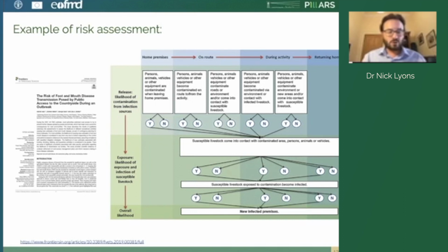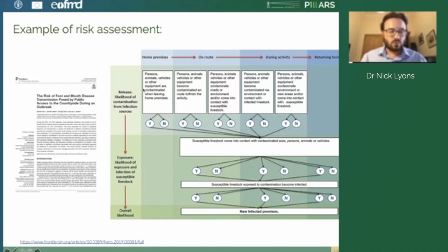What this process does is describe all the different stages by which people, animals, or vehicles could be contaminated or exposed to the virus along the way going to the countryside, starting from home, traveling, during their activity in the countryside.